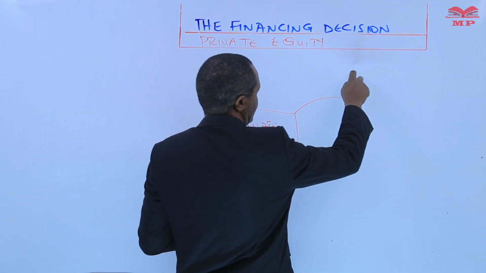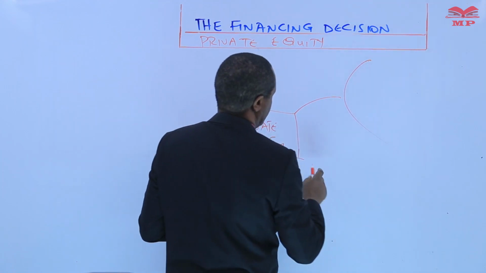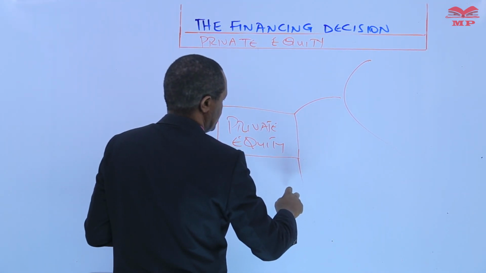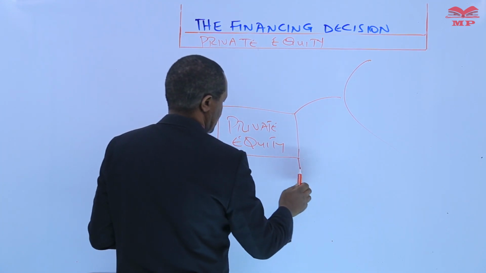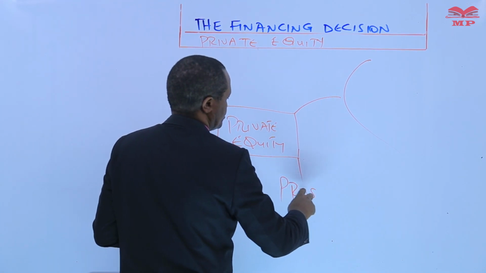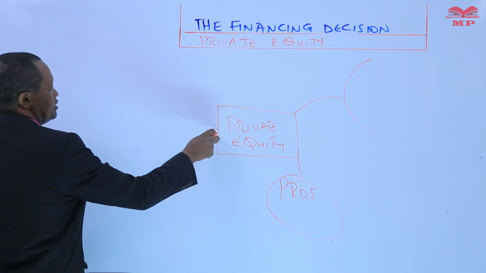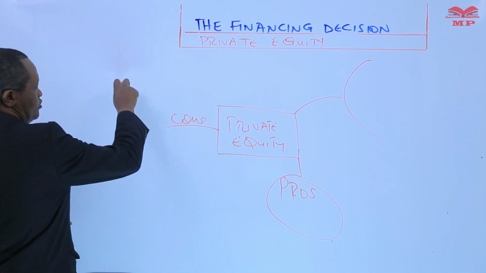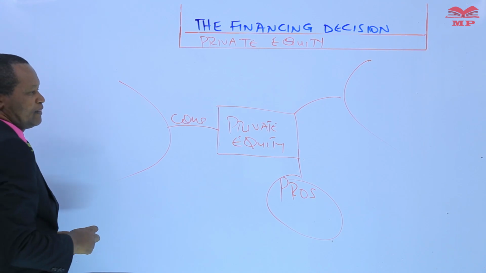We identify several characteristics. Then we look at the pros and cons. We'll have pros on this side and cons on this side.